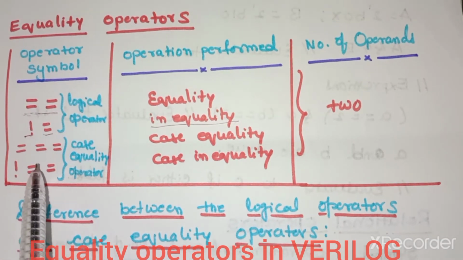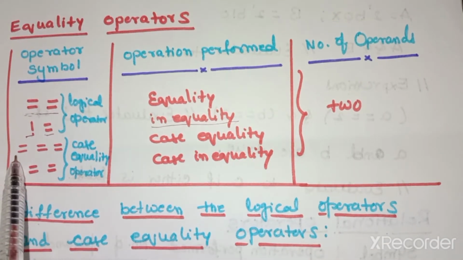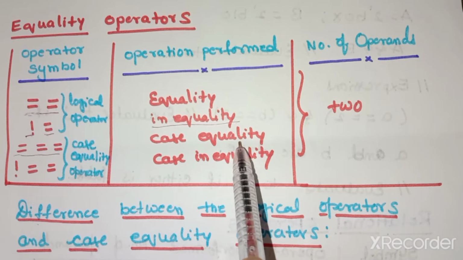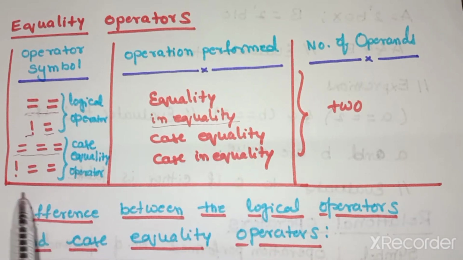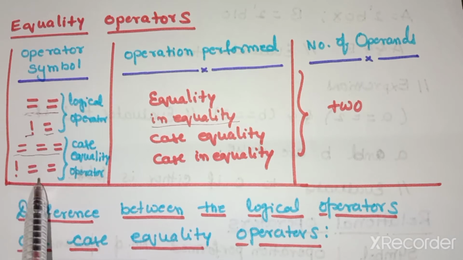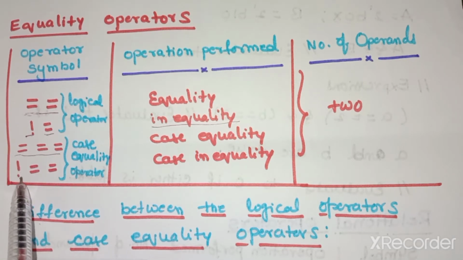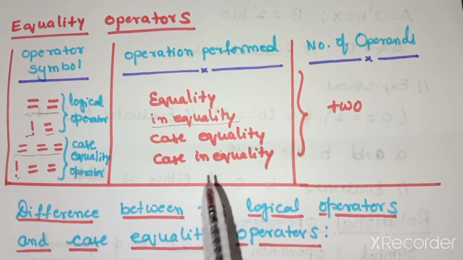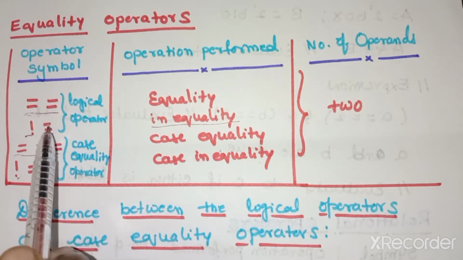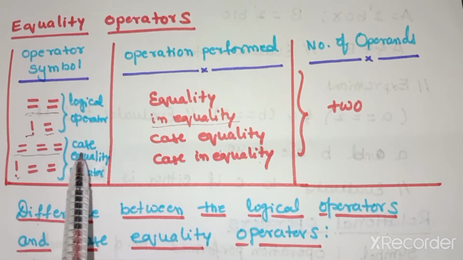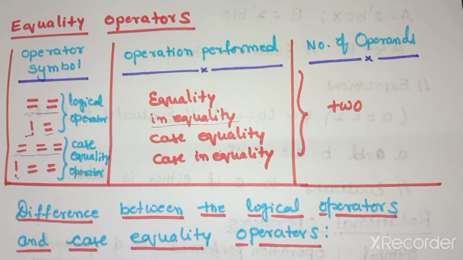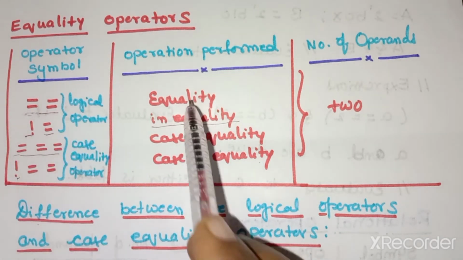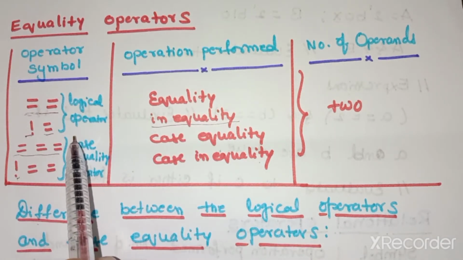And next, if I write 3 equal to signs, then it is called the case equality operator. Similarly, with 2 equal to signs and the not symbol, it is called the case inequality operator. That means totally we have 2 logical operators and 2 case equality operators. Just try to remember these symbols for the equality and inequality operators.